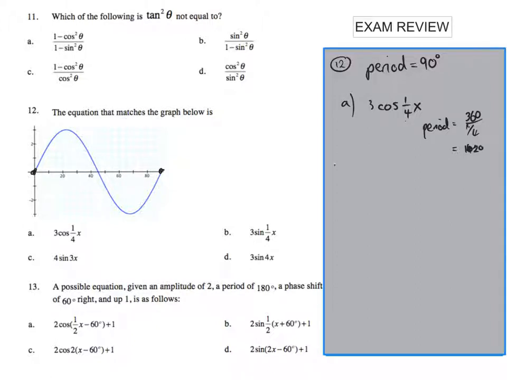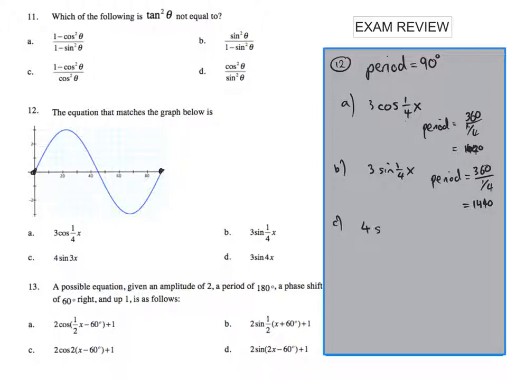So that's definitely wrong. B is a sine graph, but I think you'll find that the period's wrong, because the period equals 360 divided by 1/4, which is 1440. So B is wrong.